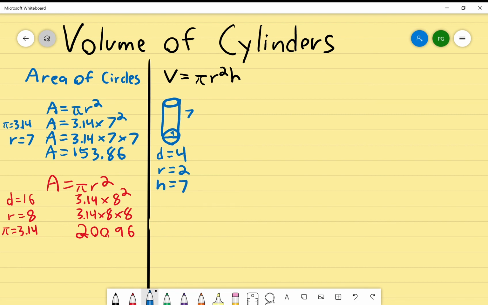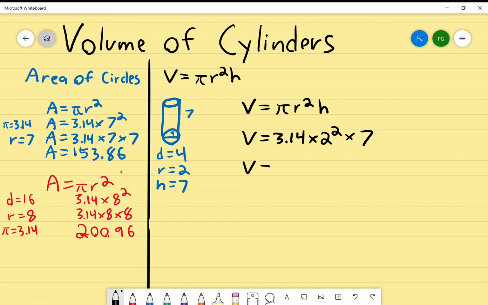Now let's go to the formula and plug everything in. First we rewrite volume equals pi r squared times height. Let's rewrite it again and plug things in. Volume equals pi, 3.14, times r, 2, squared, times height, which is 7. Now in this case, 2 times itself 2 times is 2 times 2.